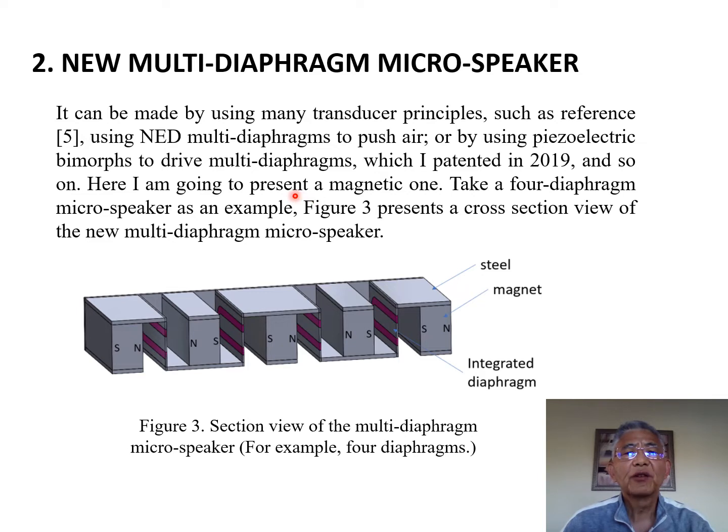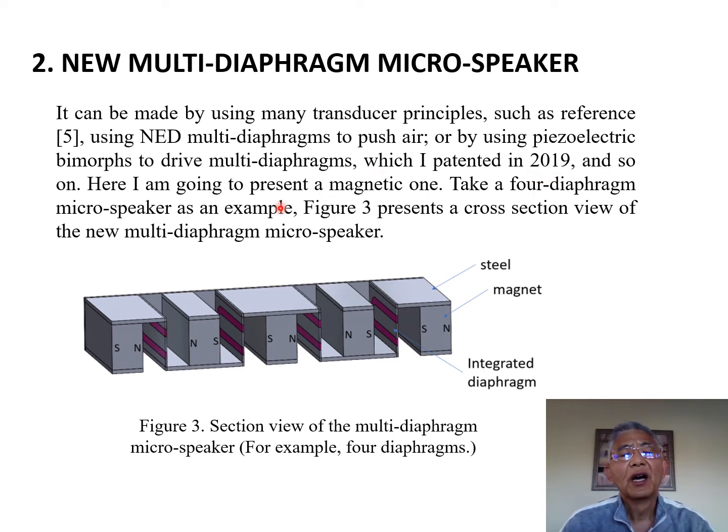It can be made using many transducer principles, such as reference 5 using NED multi-diaphragm to push air, or by using piezoelectric bimorphs to drive multiple diaphragms to radiate sound, which I patented in 2019, and so on.